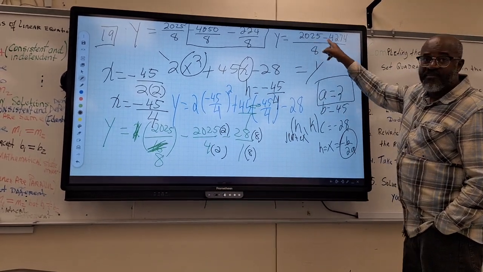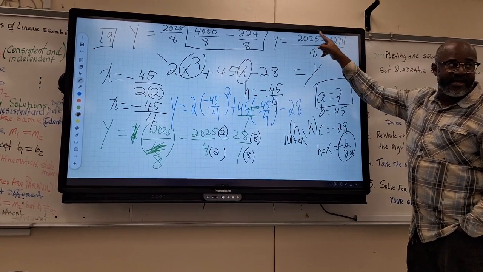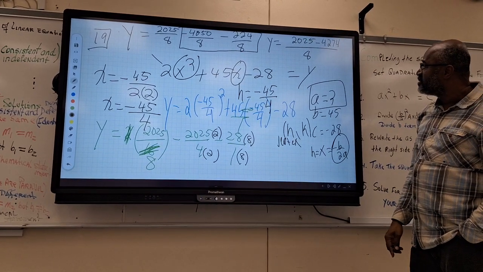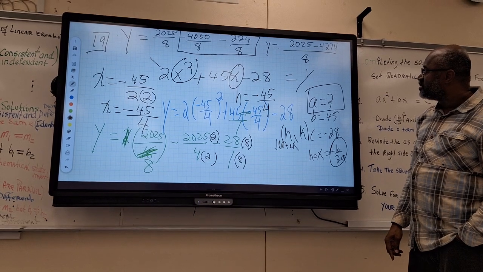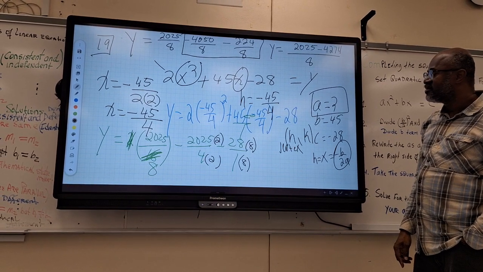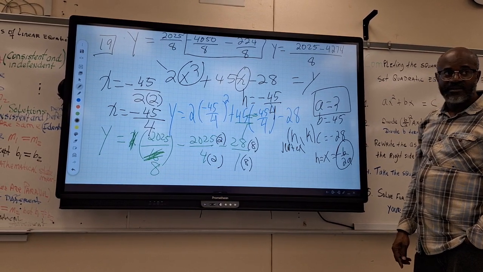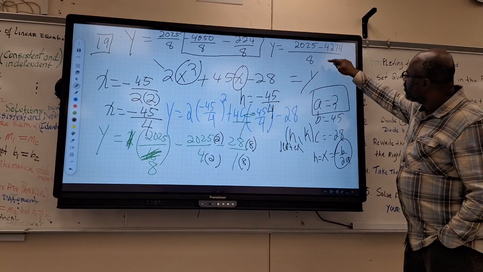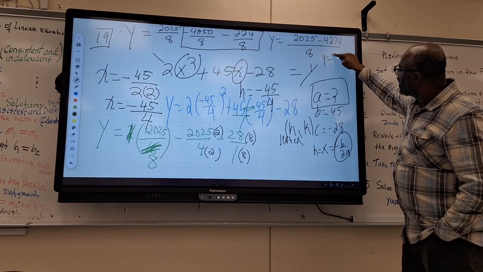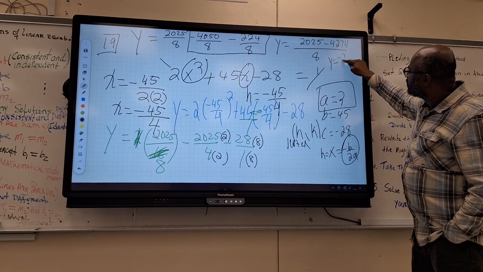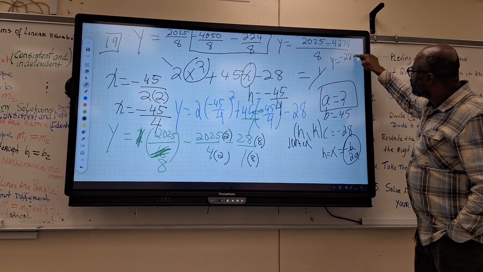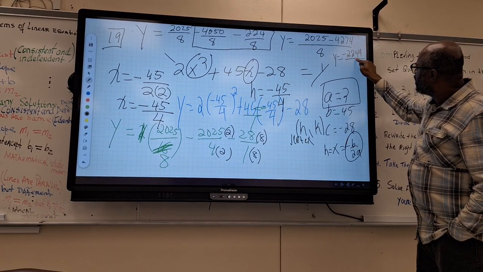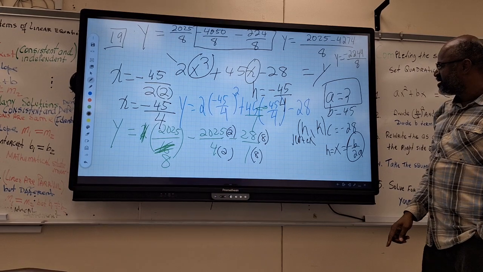Then do your math, calculator again, calculator work. What do you get for that? It does not take you that much time to find that. Y equal negative 2,249 over 8. This is my K.